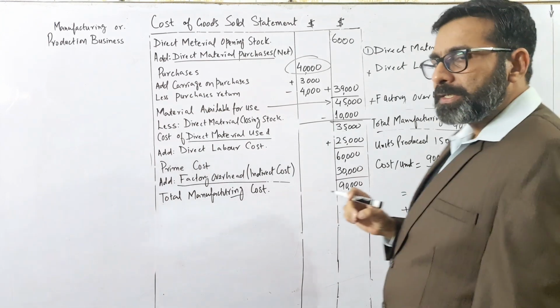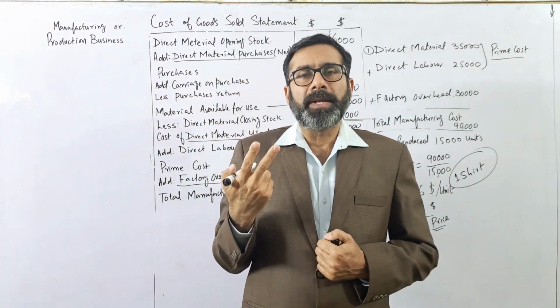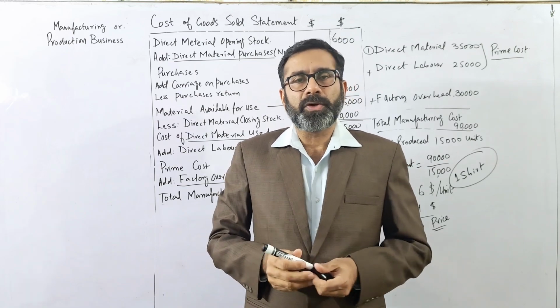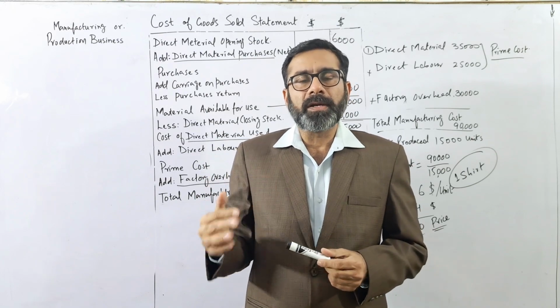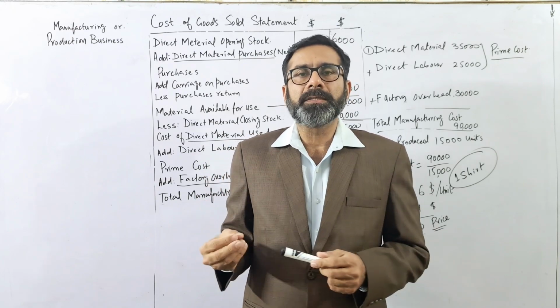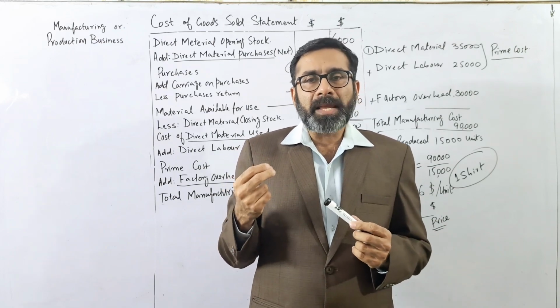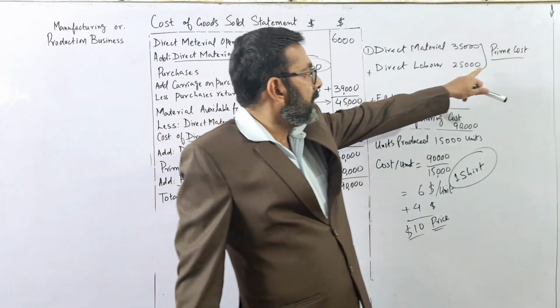Prime cost means, to produce any product, the two basic costs, material and labor, are required. Whenever there is production, we first need the raw material. Then we need some workforce or laborers who will produce that product. Those are the basic or primary things that we need. If we add these two costs, that is called the prime cost.